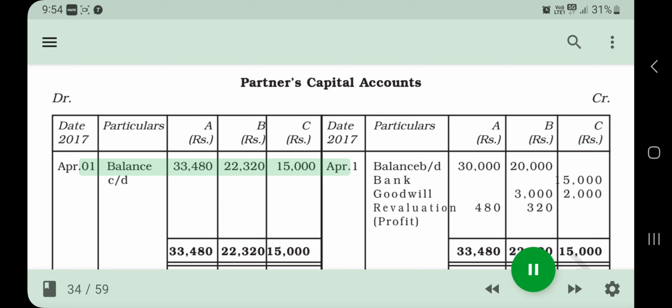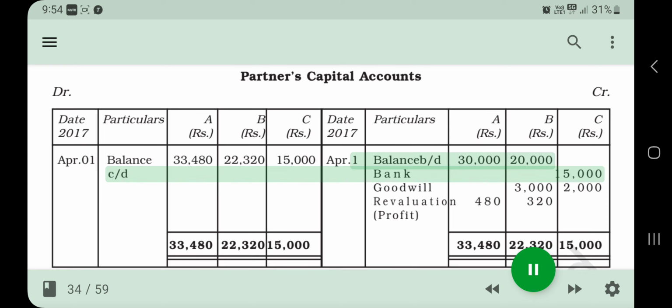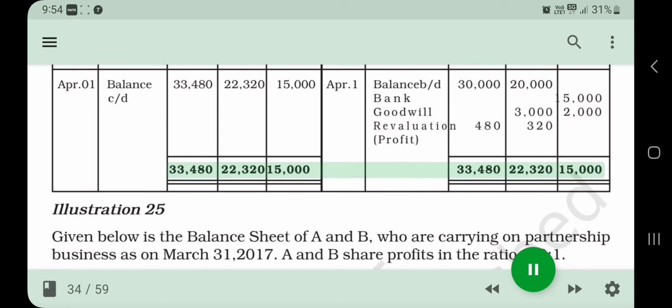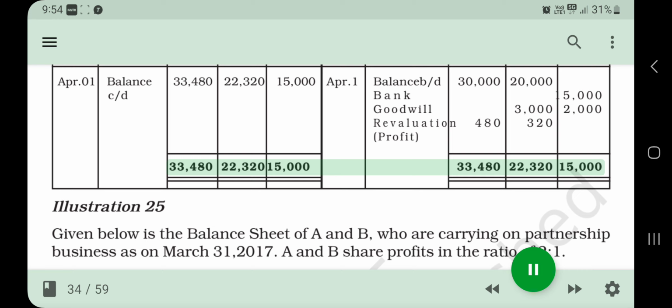April 1: balance b/d 30,000, 20,000; bank 15,000; goodwill 3,000, 2,000; revaluation profit 480, 320. Totals 33,480, 22,320, 15,000.